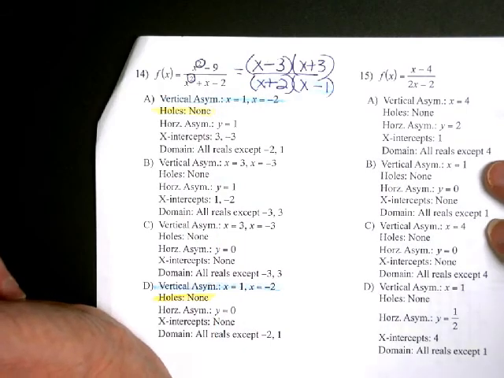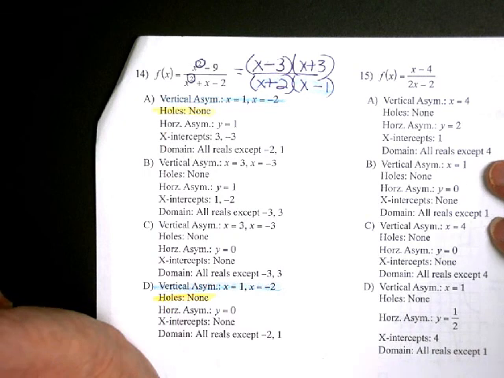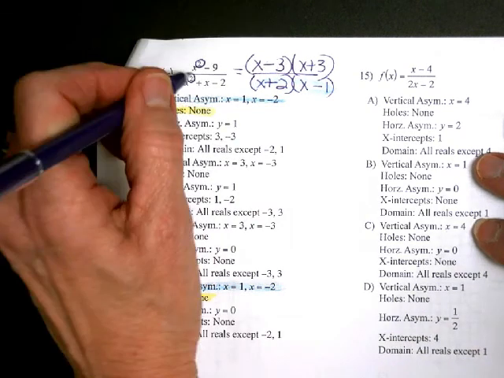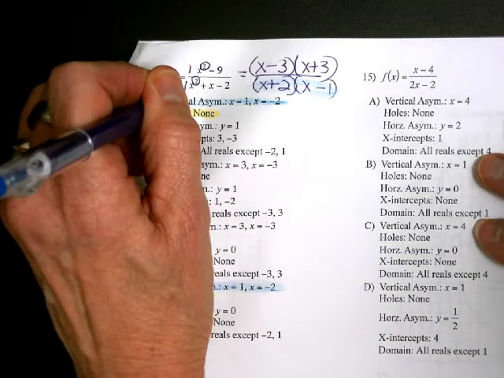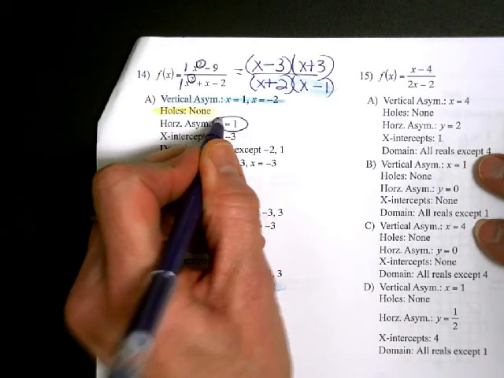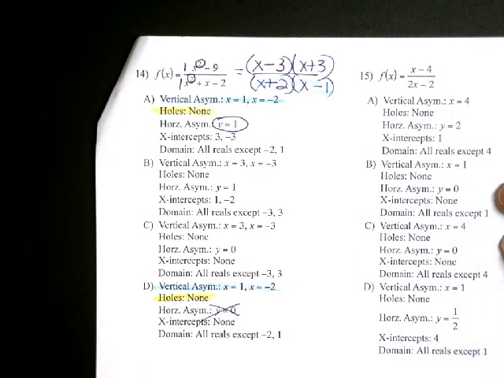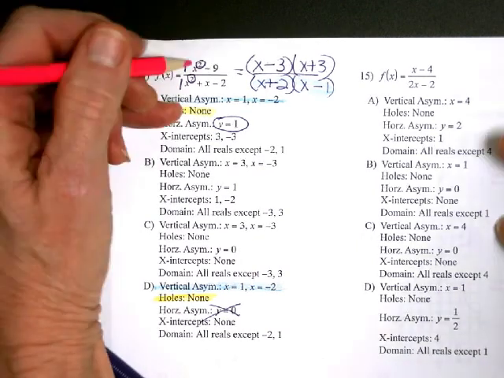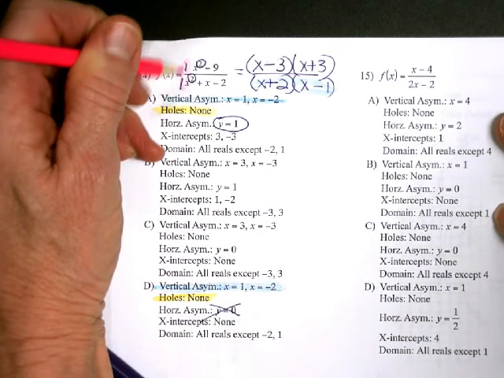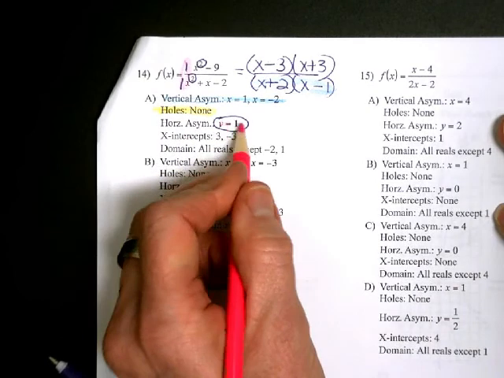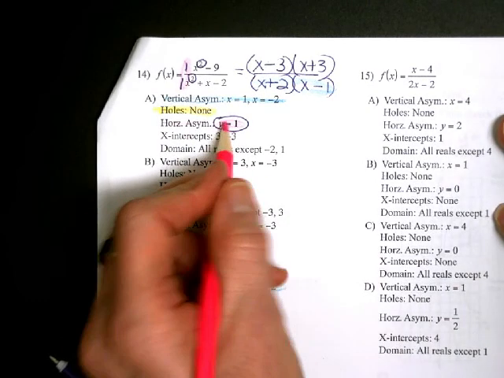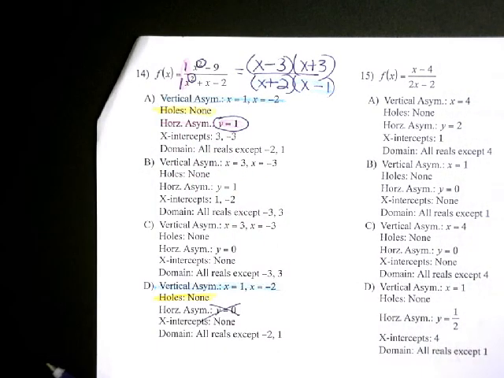Okay, now the powers are the same, so I can divide. 1 divided by 1 is 1. So that's why A is the answer. So that was pink, right? The powers are alike.